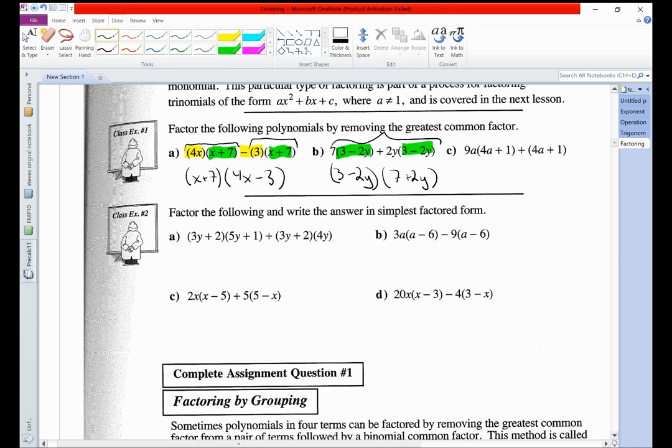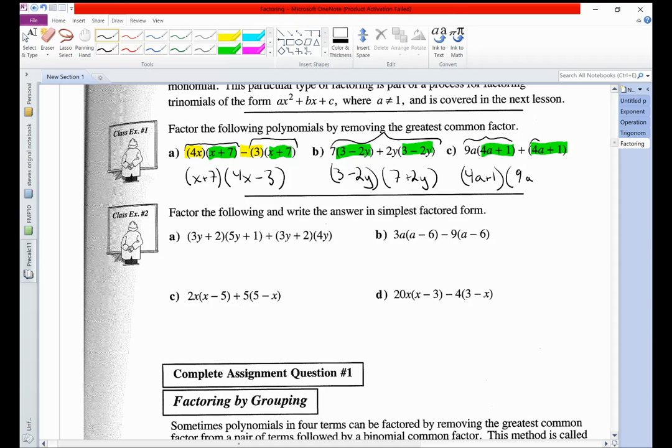The next one is 9a multiplied by 4a plus 1 plus 4a plus 1. You can see both terms have a 4a plus 1. So if I factor that out, what am I left with? Well, in the first term, I'm left with 9a.